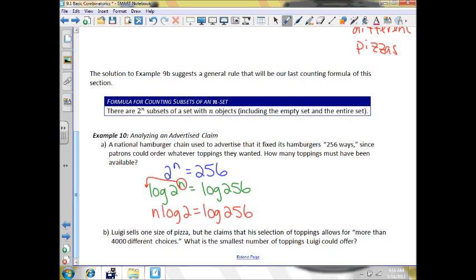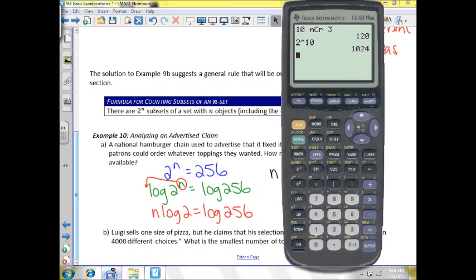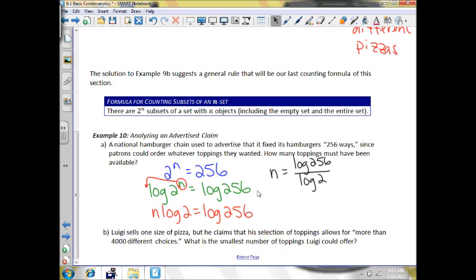Which means n will equal the log of 256 over the log of 2. So in your calculator, you get the answer there of 8. So there's 8 different toppings that the national hamburger chain would offer.